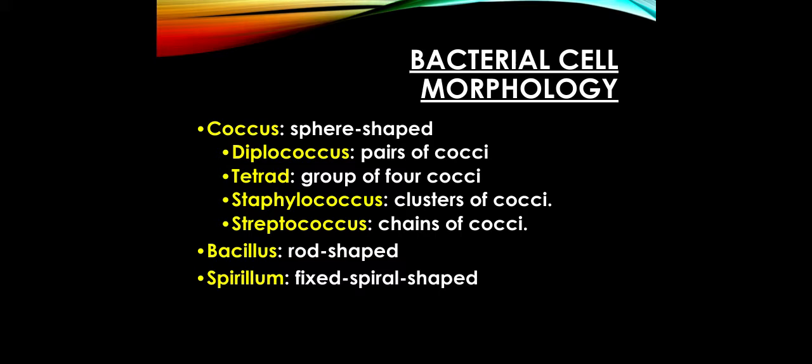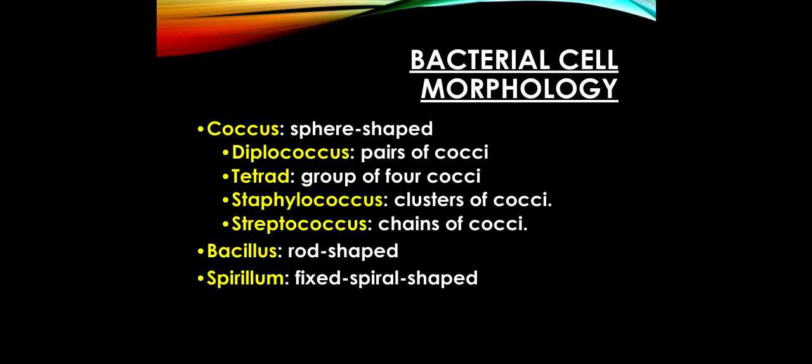Let's first look at the bacterial cell morphology. So the first kind of cell shape that we see is called coccus, and that is a circle or sphere shaped. We can have these sphere-shaped coccus bacteria in groupings, and we give them special names. If there's a pair of cocci bacteria, we call it diplococcus.